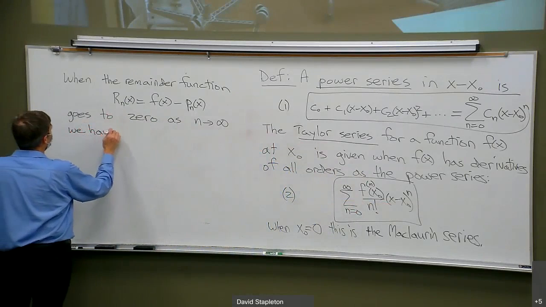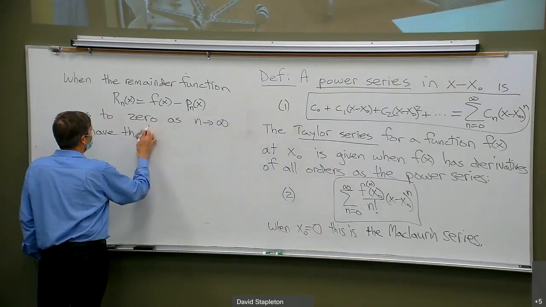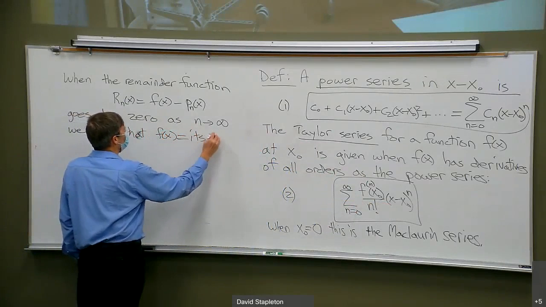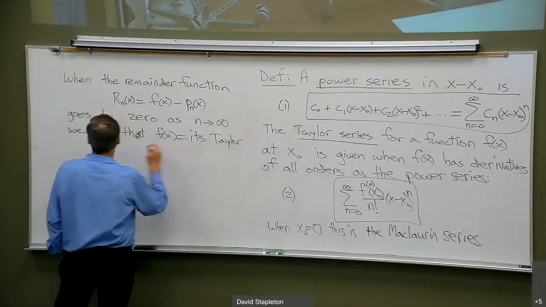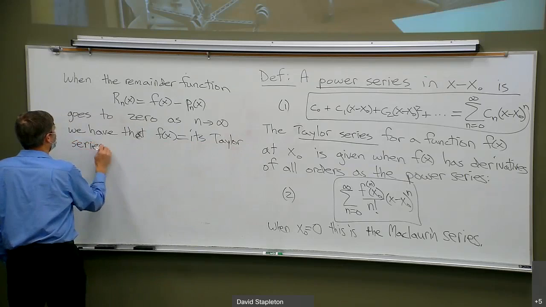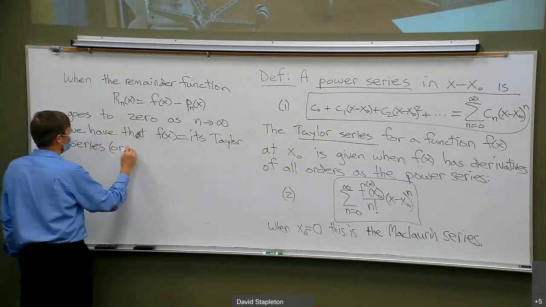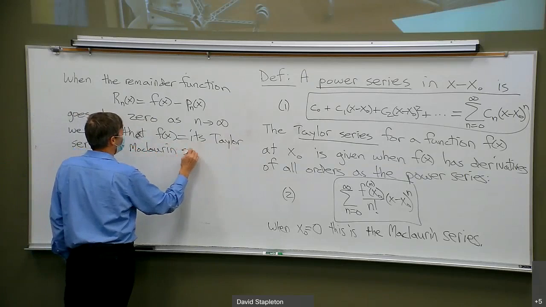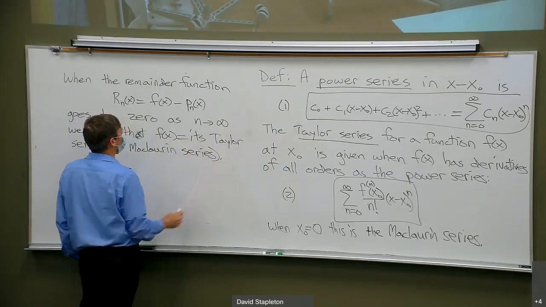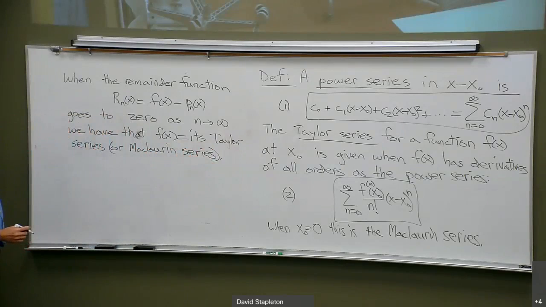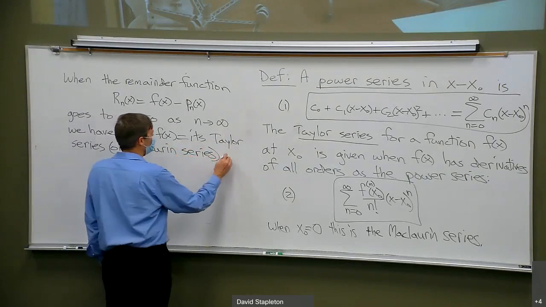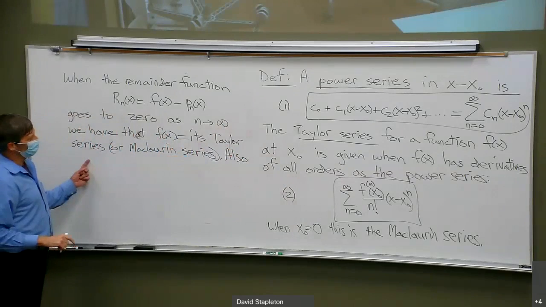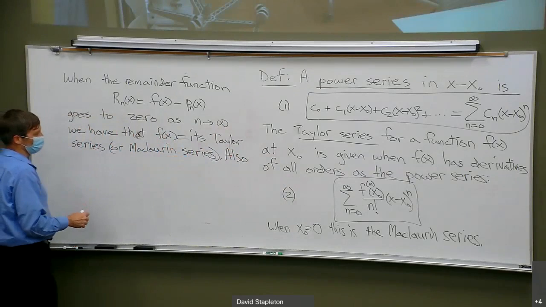We have that f of x is equal to its Taylor series, or Maclaurin series as a special case. Furthermore, since we saw the Maclaurin polynomials match through the first n derivatives, this means that this will match derivatives of all orders.